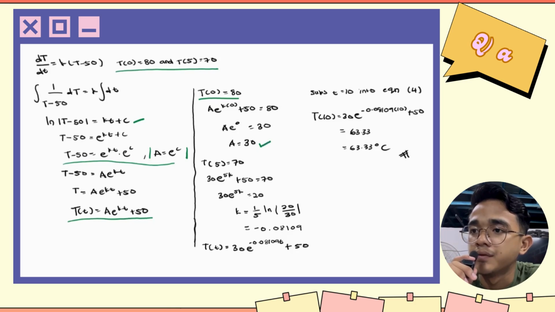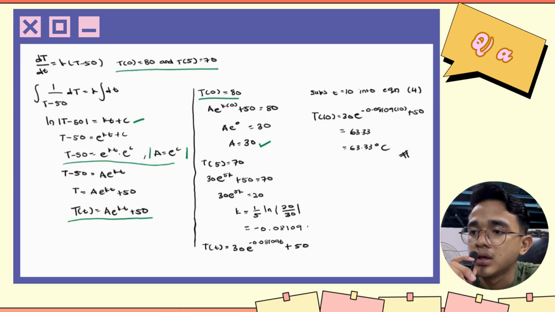Okay, to find the value of k, we substitute t equals 5 into the equation. So 30 e to the power of 5k plus 50 equals 70. Then e to the power of 5k equals 20 over 30. We move e to the other side. We get k equals 1/5 ln(20/30).